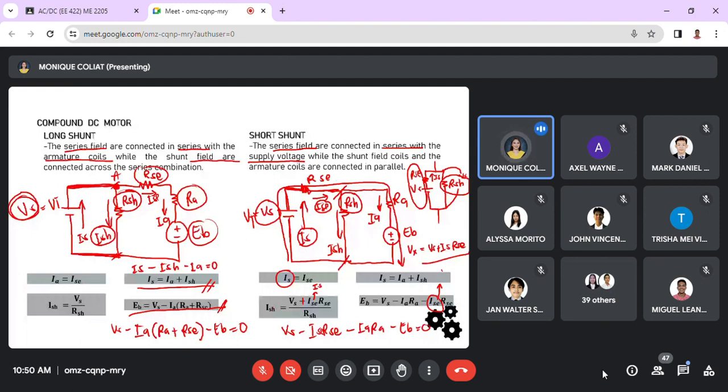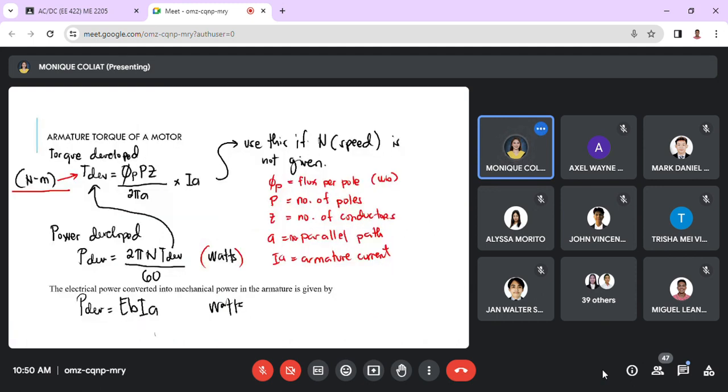Okay, so next is the armature torque of a motor. To get the torque developed in the armature, we have Tdev is equal to flux per pole times P Z over 2 pi A times IA.